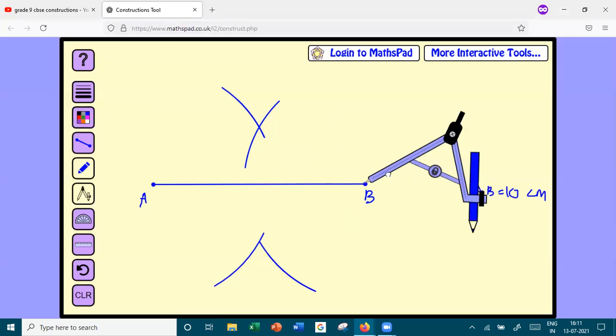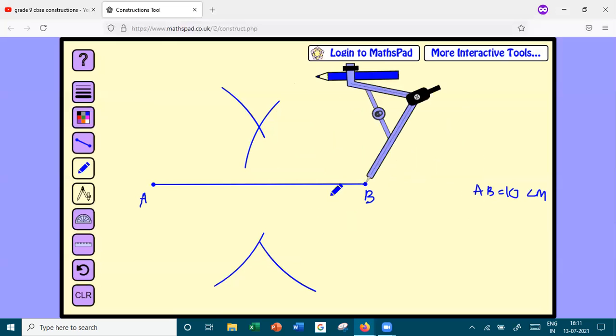Done? Very good. What about the others? If you're done, take your scale and measure the line segment. What are you getting? Measure the two halves, I mean.